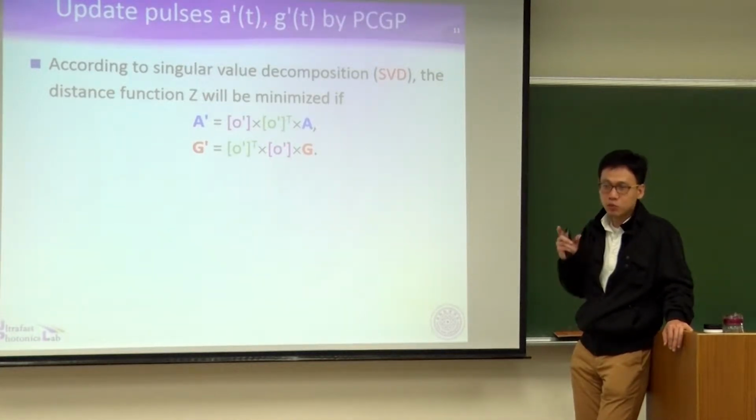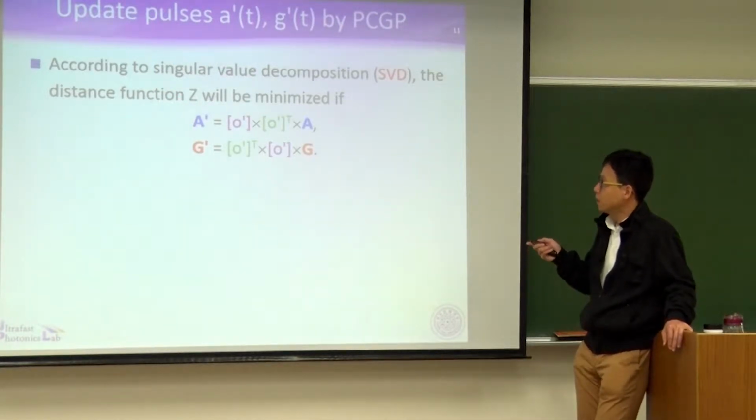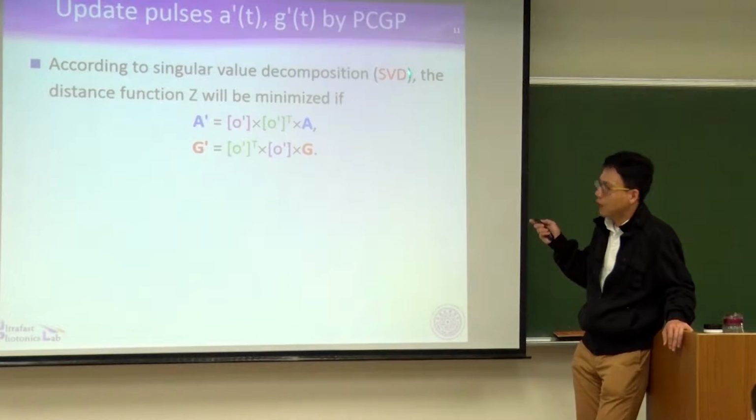So between your current version of A sub c and what A of t and G of t can produce a new A sub c, you want to minimize the difference. This is called minimizing the distance function, and it's based on the SVD theory. It states that you can do so.